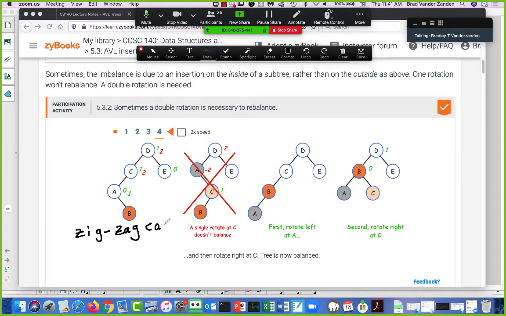And it occurs with an insert on the inside of the tree.